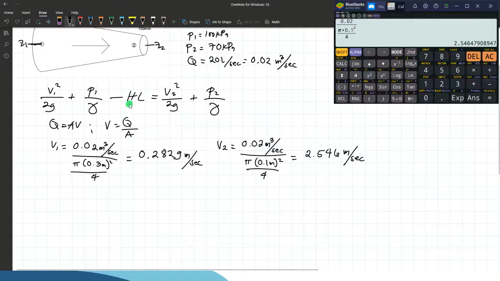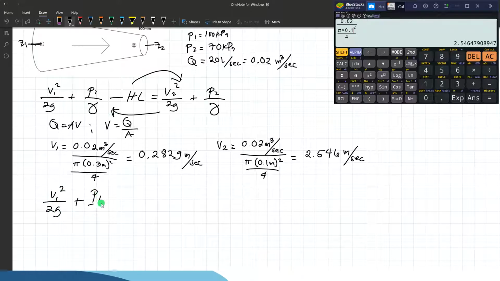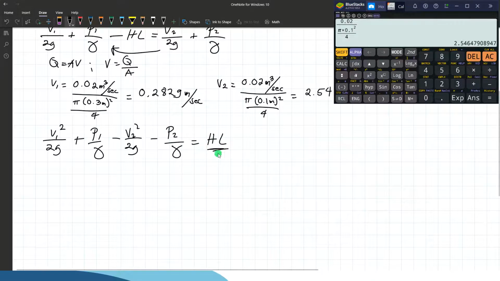Here, let's isolate the head loss. We move the velocity head and pressure head at point 2 to the left side. So we have v1 squared over 2g plus p1 over gamma minus v2 squared over 2g minus p2 over gamma is equal to the head loss. So that we can directly solve the head loss.